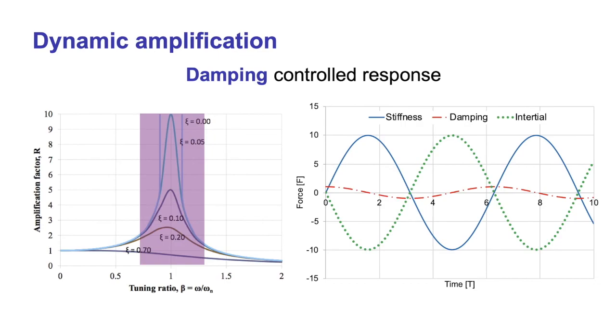The force history plot on the right for a beta of 1 and a damping ratio of 5% shows that all three force components are significant, but the inertial and stiffness forces are equal and wholly out of phase. Hence, they cancel each other, and the only resistance to the motion comes from the damping force. Under these conditions, you will have better chances of improving the dynamic response of the system by adding supplemental damper.